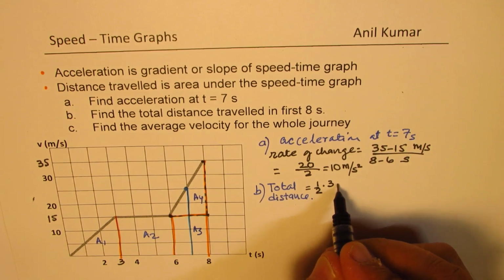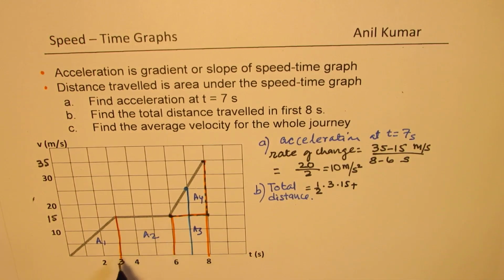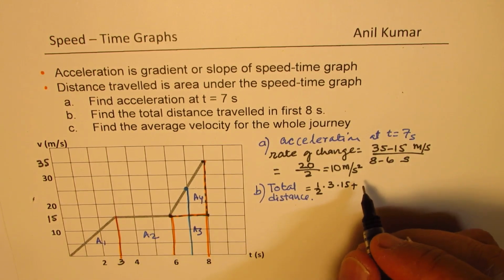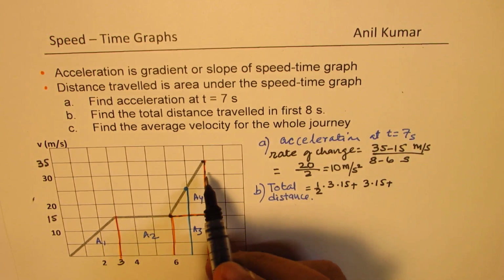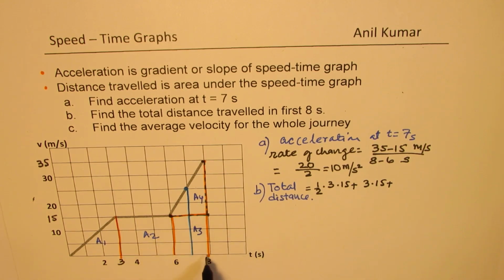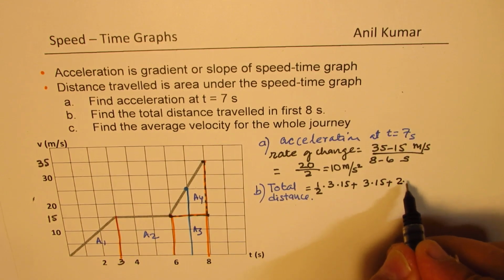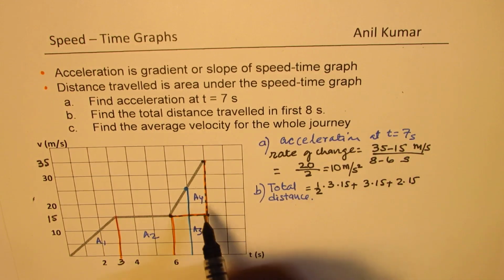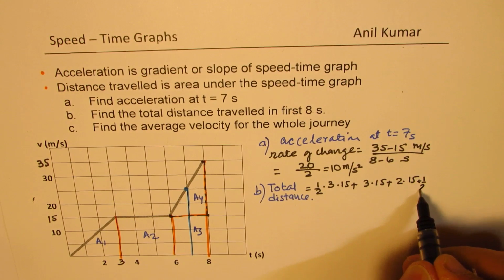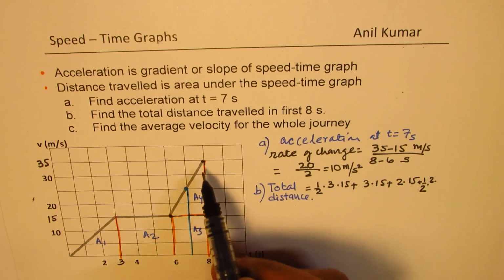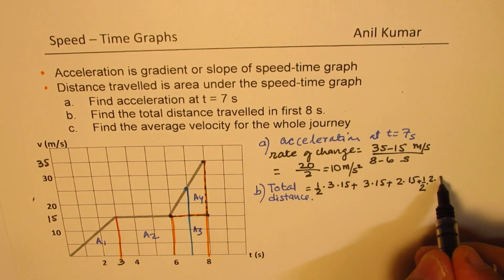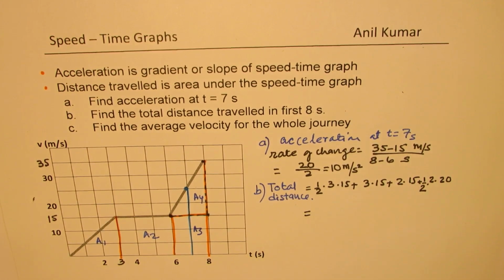So half of 3 times 15, plus a rectangle from 3 to 6, which is 3 units wide and 15 units in velocity, so 3 times 15, plus another rectangle, 2 by 15, so 2 times 15, and then the area of the triangle, which is half of base 2 units, and the height from here to there, which we calculate to be 20, times 20, correct?